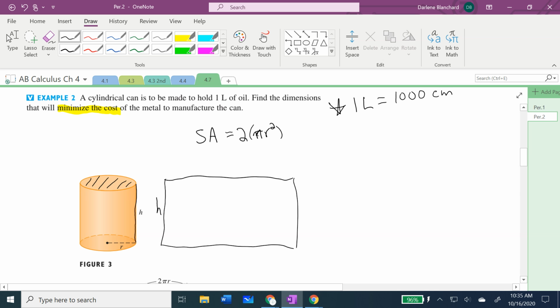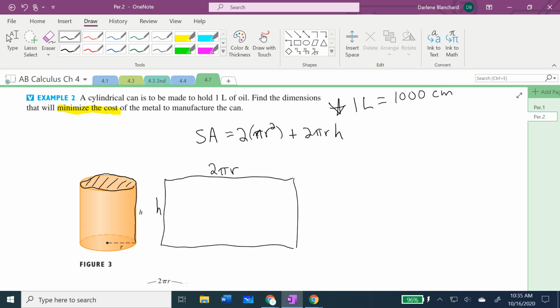Circumference. And what is the formula for circumference of a circle? Excellent. 2 pi r. Now I'm ready to add to my surface area of 2 pi r squared, 2 pi r times h, the area of that rectangle. So that's like a big step that we just finished here.